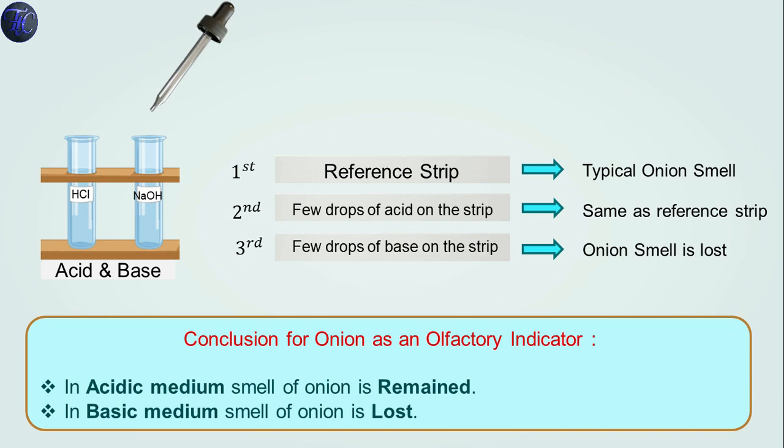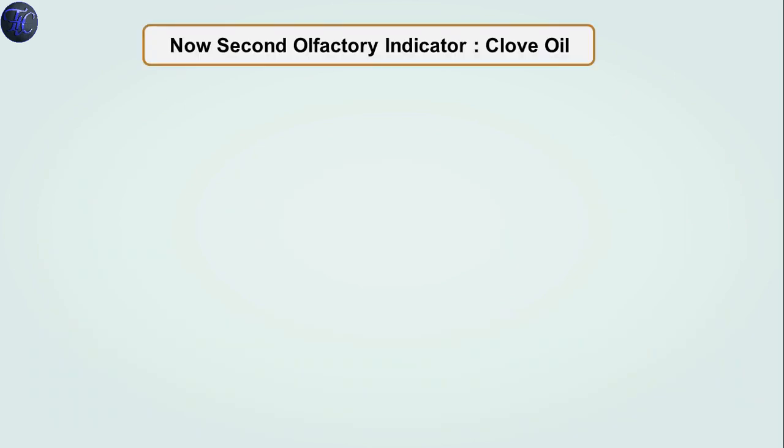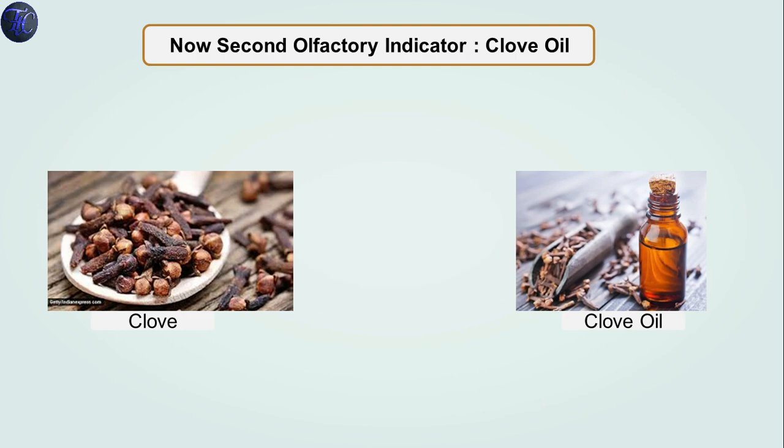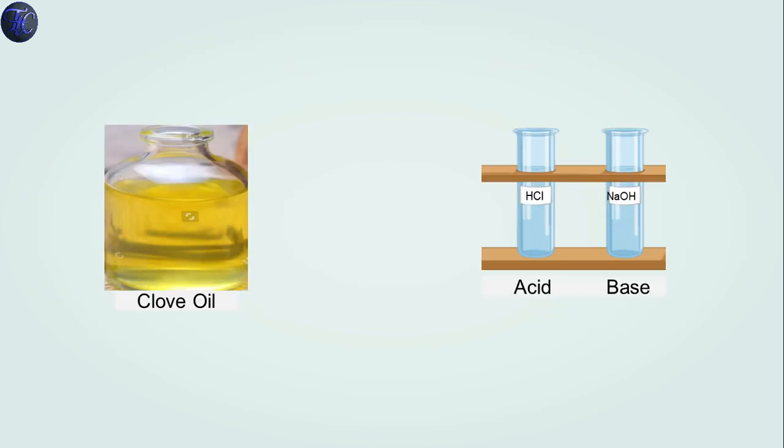Now let's understand olfactory indicators with another example, that is clove oil. Clove, which we use in our kitchen. We extract the oil from clove and test how the odor of clove oil changes in an acid or a base medium. First take clove oil, HCl as an acid and NaOH as a base. With the help of a dropper, add a few drops of clove oil in acid.